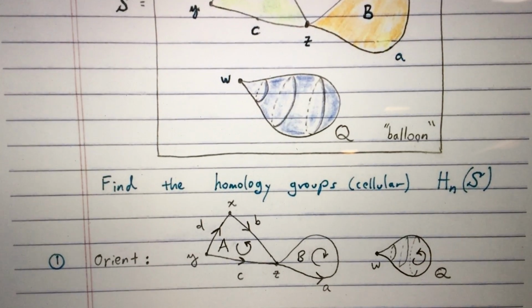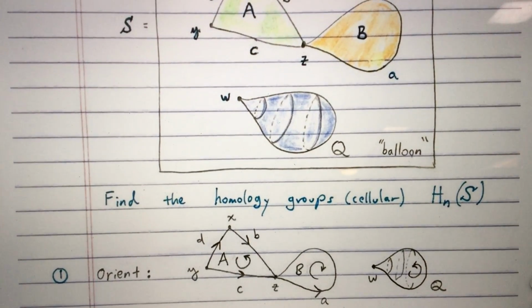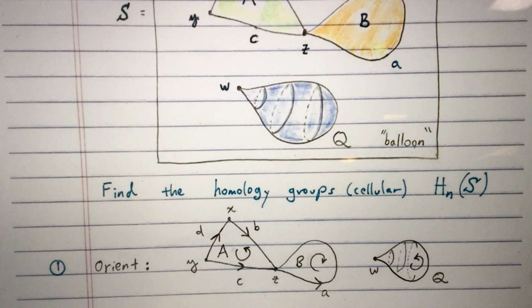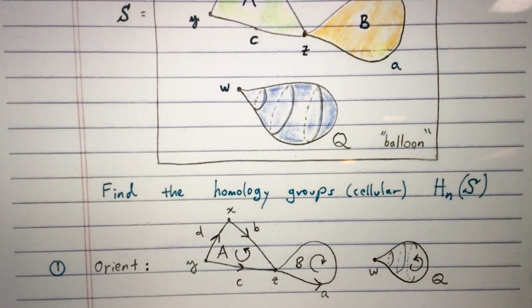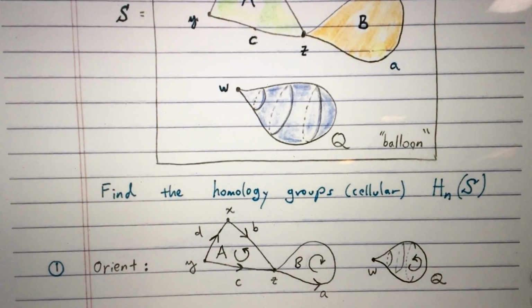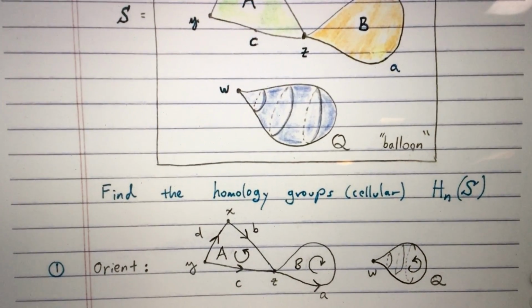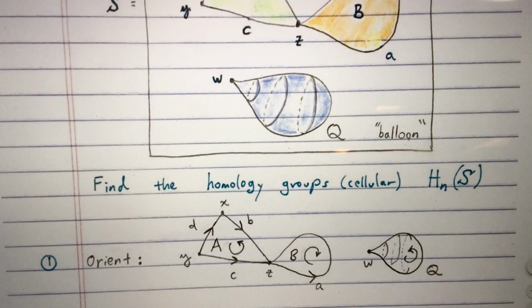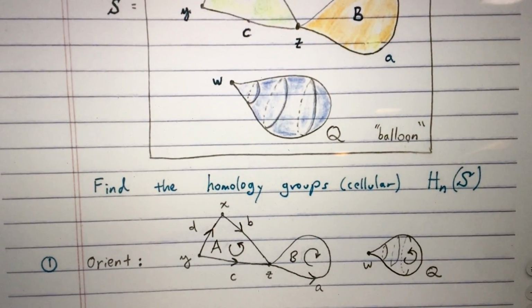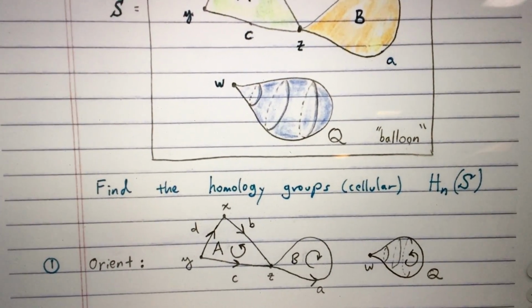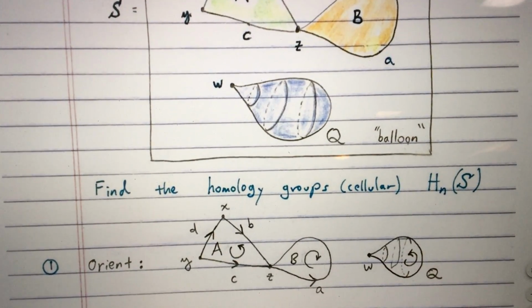Any arrows that meant gluing would have been there in the original picture of S. And if there were arrows that meant gluing, then we might let them do double duty and just assign that orientation as well. But since there was no gluing going on, the entire S was shown as is.